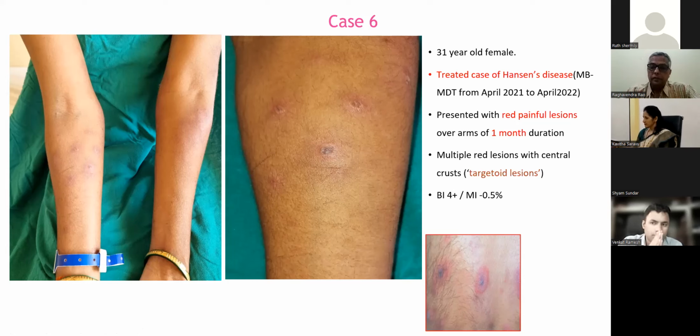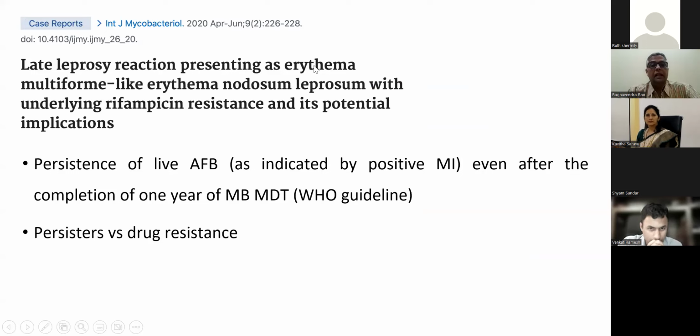But in certain situations, it can still remain positive at the end of 12 months, either because of persisters, or because of drug resistance. In fact, there was a report of a late leprosy reaction presenting as an erythema multiforme-like ENL lesion in a patient who had rifampicin resistance.